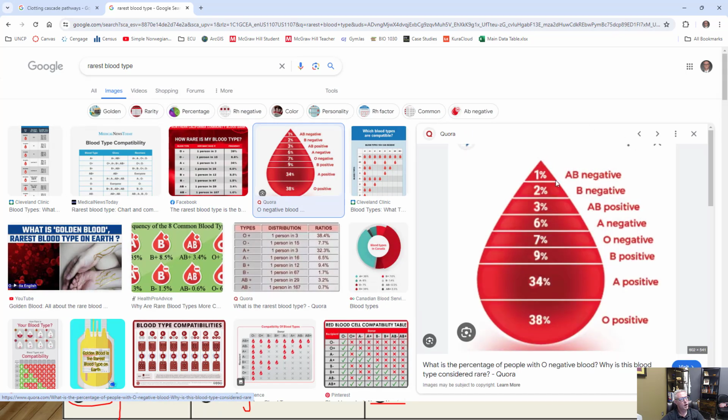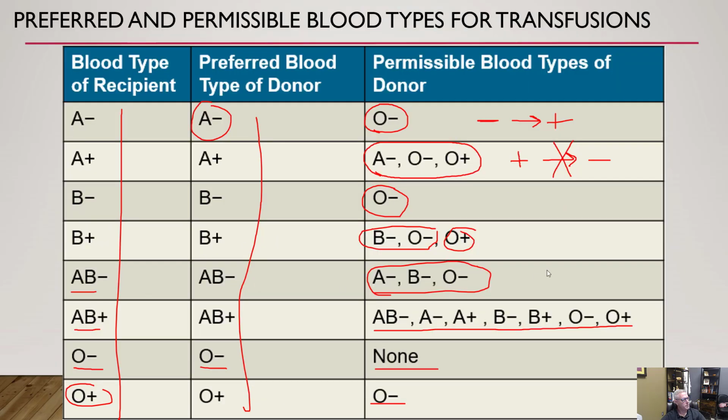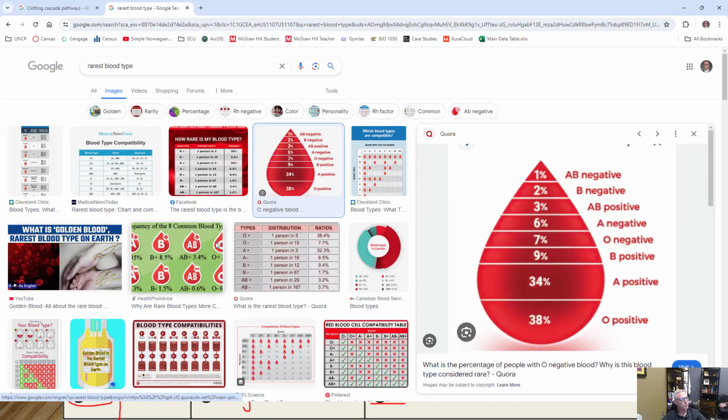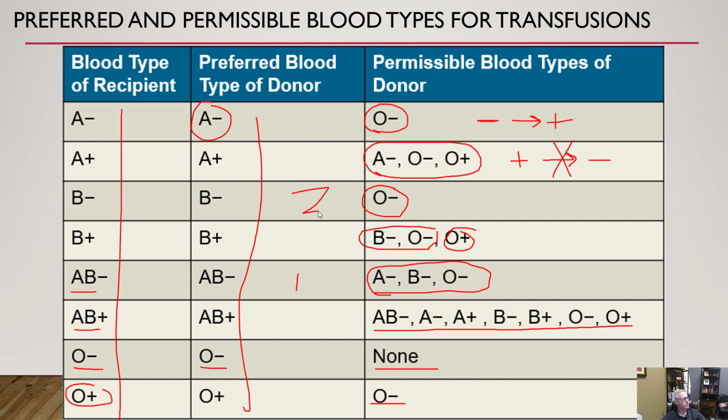All right, so AB negative is the rarest blood type. B negative is your second rarest.